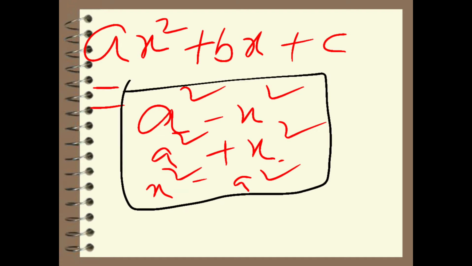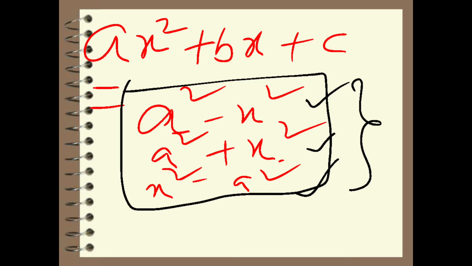If you observe, the three expressions are having only square terms, a square minus x square, a square plus x square, x square minus a square, square terms only. So our aim is to convert ax square plus bx plus c into one of those expressions.